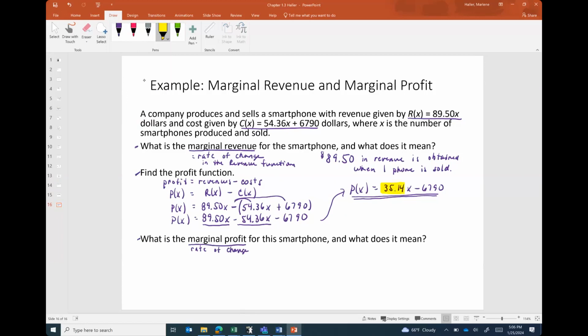So we can see here that our marginal profit is going to be 35.14. What does that mean? That means there's $35.14 additional profit when each smartphone is sold.